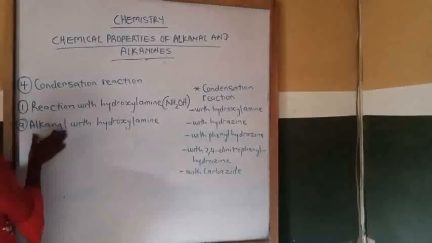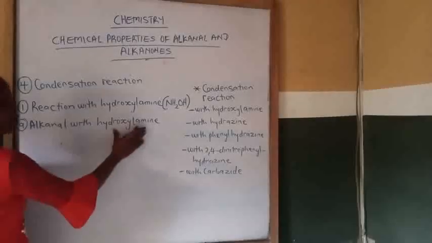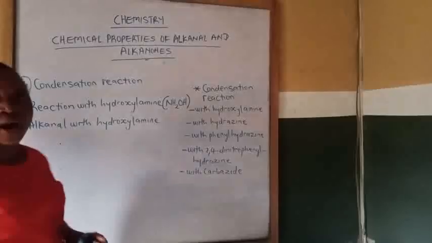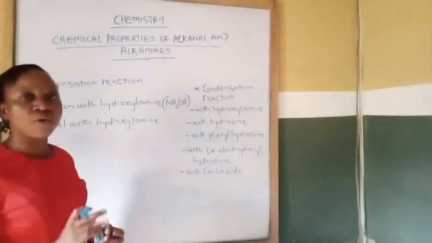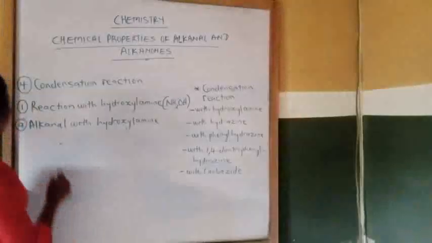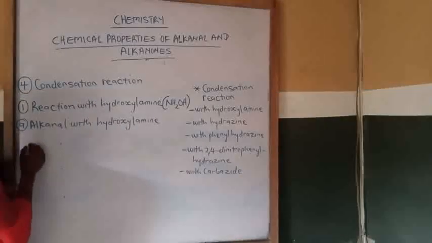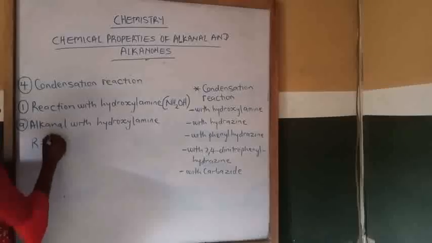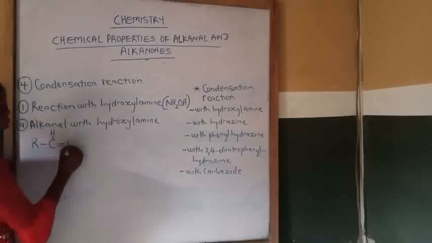So let's take the chemical reaction between alkanal and hydroxylamine. I'm going to use the general formula for alkanal to explain the chemical reaction before I use a named alkanal. The general formula for alkanal is RCHO.